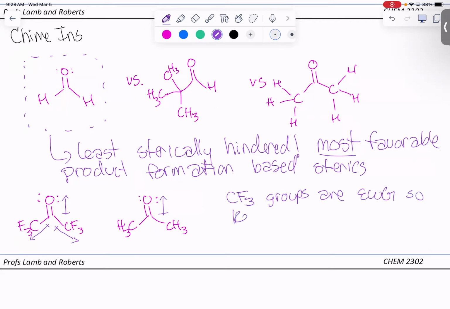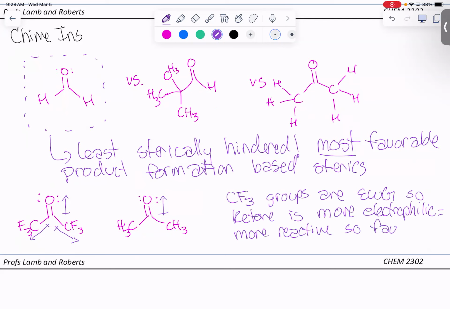So ketone is more electrophilic, which equals more reactive, so favors the product. All right, so based on these examples that we learned, let me just circle this one here.